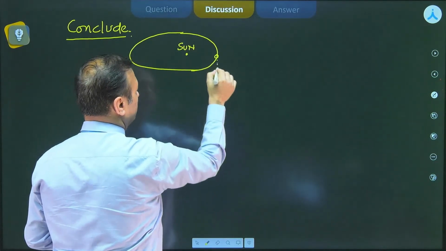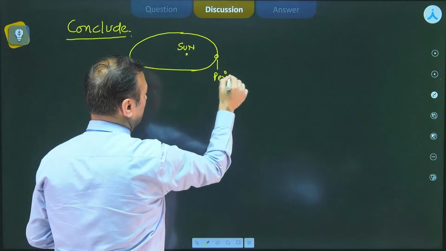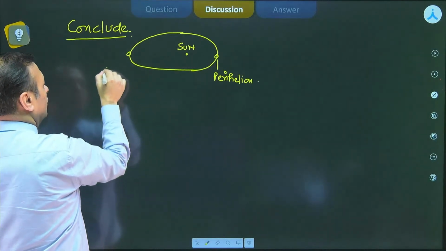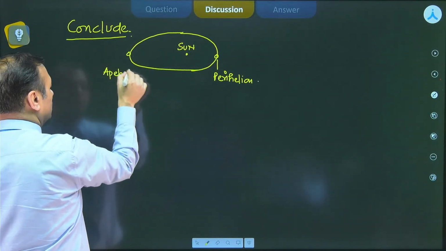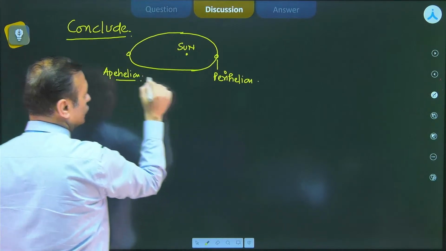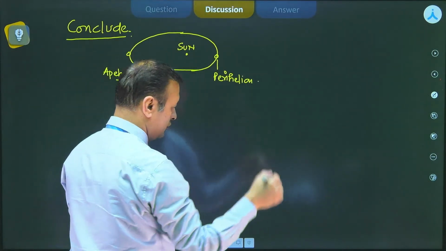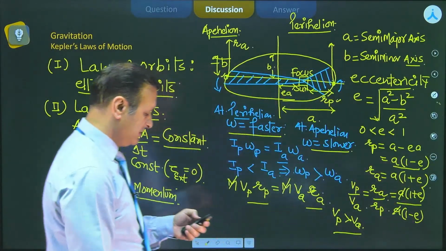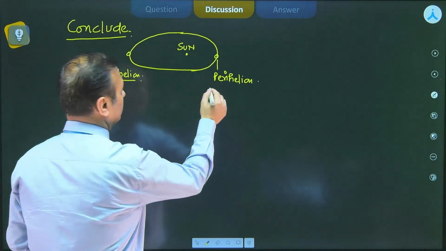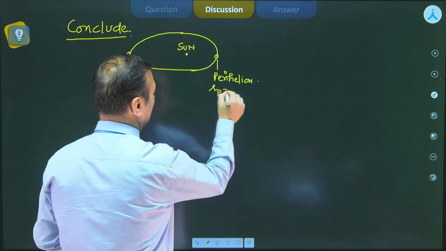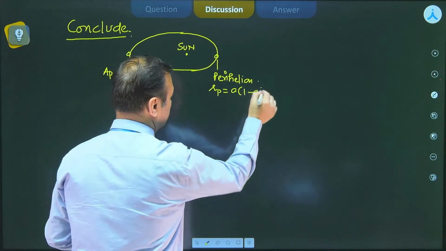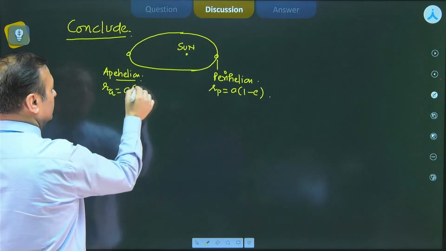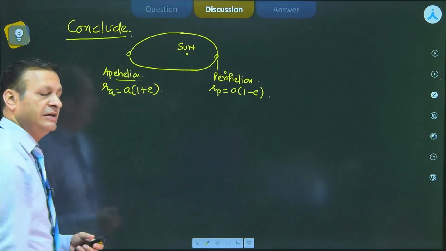This nearby position is called perihelion position, and this far off position is called aphelion position. So for the perihelion position, the radius is A times (1 minus E), and for the aphelion position, this is A times (1 plus E).